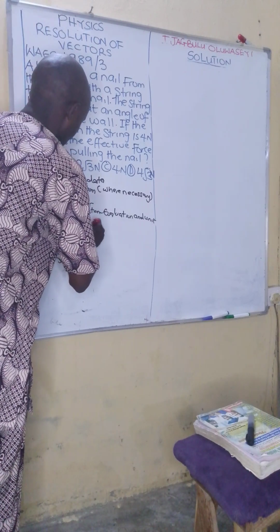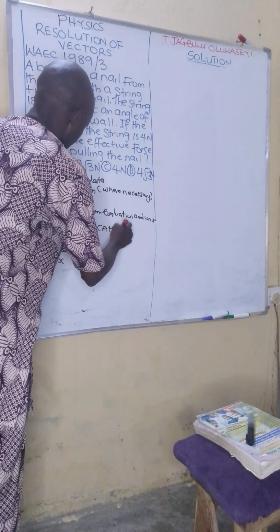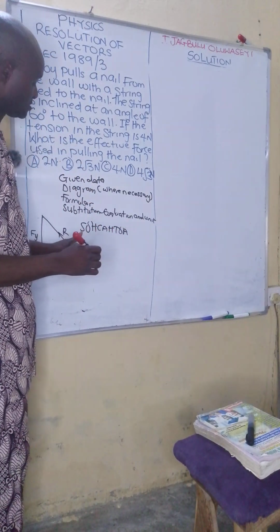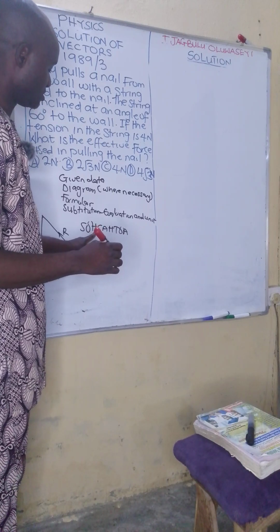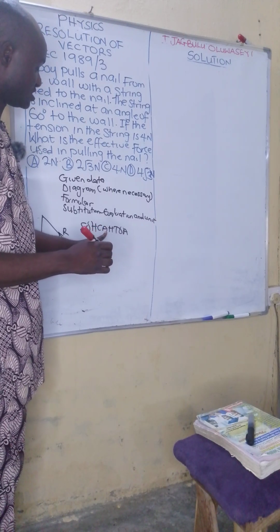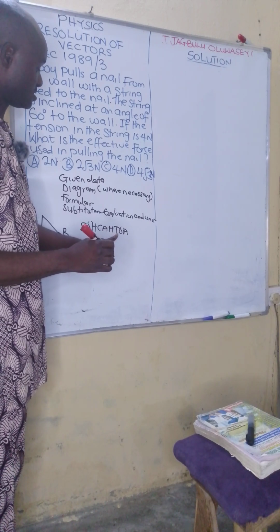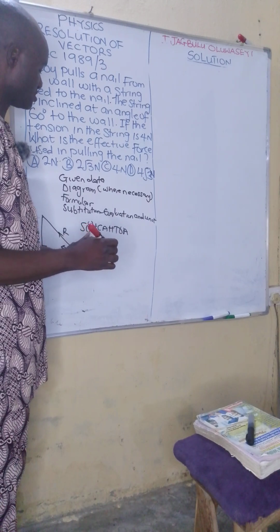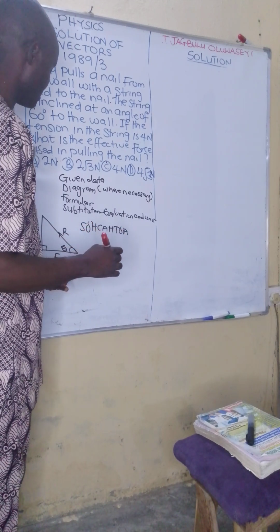So your understanding about SOHCAHTOA will help us here. The S represents the sine, the O represents the opposite, the H represents the hypotenuse, the C represents cosine, A represents the adjacent, H represents the hypotenuse as mentioned earlier, T represents the tangent, O represents opposite, which is the one we mentioned earlier, and A is the adjacent.